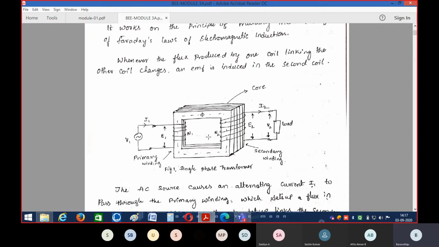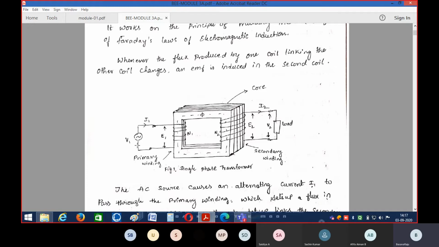Whenever this sinusoidal, alternating flux crosses the stationary conductors, that is the N1 number of turns, there will be an induced EMF in the primary winding, and that EMF induced in the primary winding is represented with E1. Okay, this E1 represents the amount of EMF induced in the primary winding.